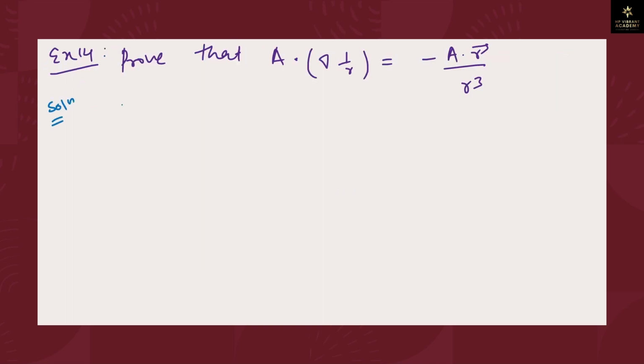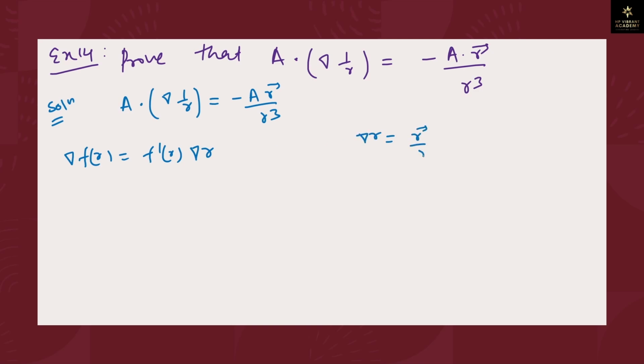How we can solve this? So we have to prove that A dot del of 1 upon r is equal to minus A dot r vector upon r cube. Okay, so let us find this. We know that del of f of r is equal to f dash r into del of r, and del of r is equal to r vector upon r. So let f of r is equal to 1 upon r.